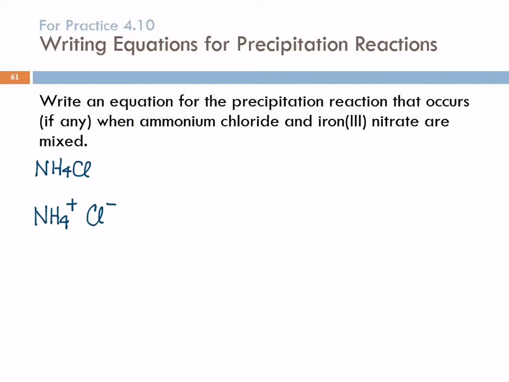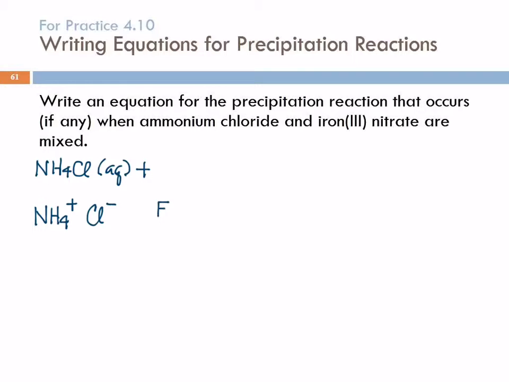This question doesn't specifically say that these are solutions. So if I go to the list of solubility rules, ammonium is in the first row, always soluble, and so this would be aqueous. The next compound is iron 3 nitrate.